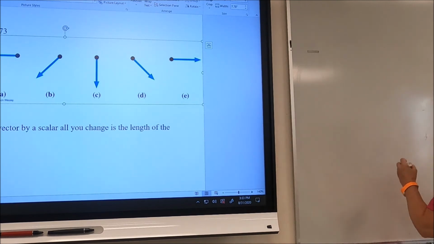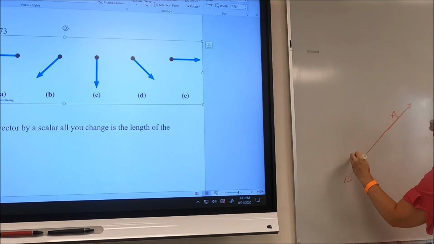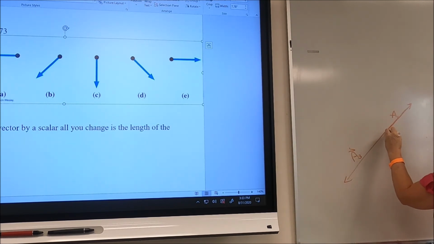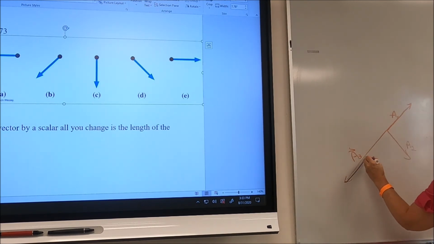So I've got A1, A3, and A2. If I take A1 and take it down here to the tip of A3, that's A1 moved, then the sum of those two vectors is just a vector here.